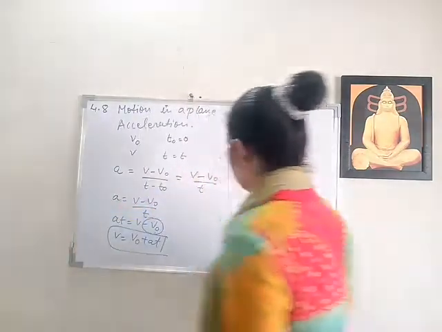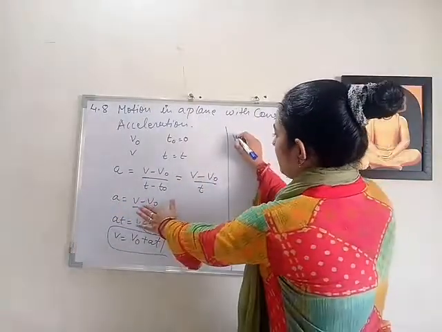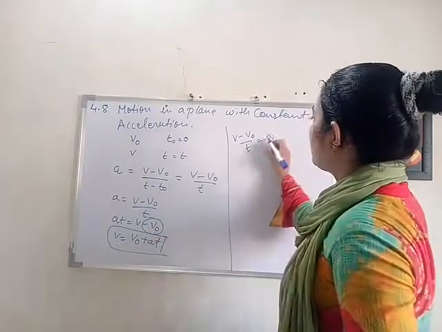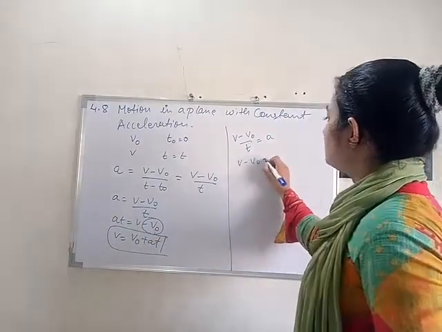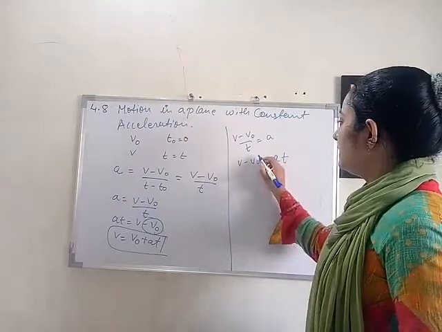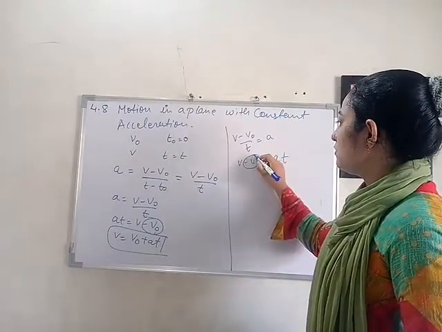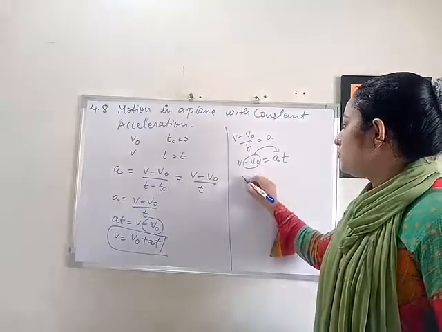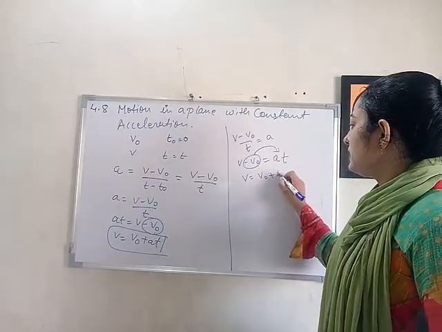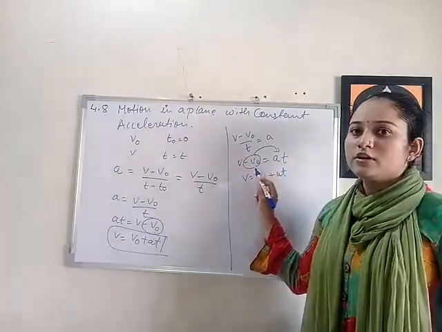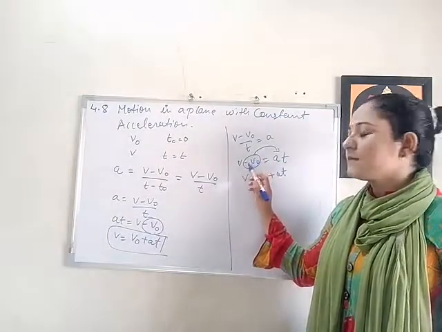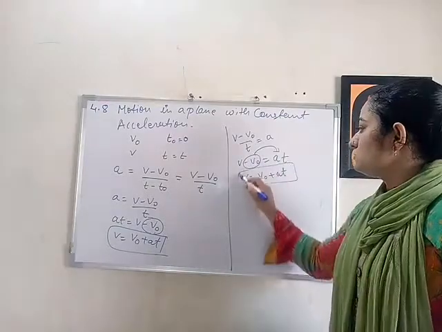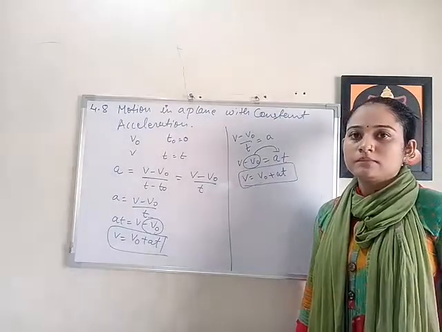Getting that? If we take v minus v0 upon t equal to a, then cross multiply: v minus v0 equal to at. Now this minus v0 goes to the other side of equals to, so v equal to v0 plus at. Whenever any term goes to the other side of the equals sign, its sign changes. Here minus v0 becomes plus v0. So this was the formula.